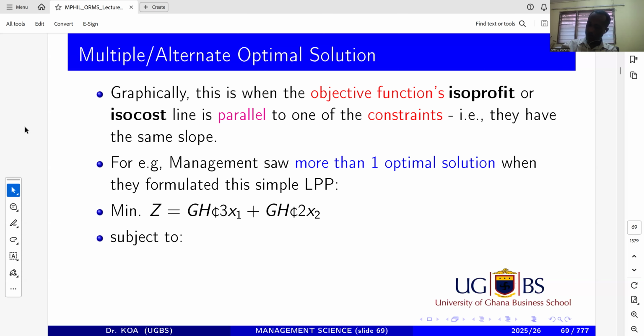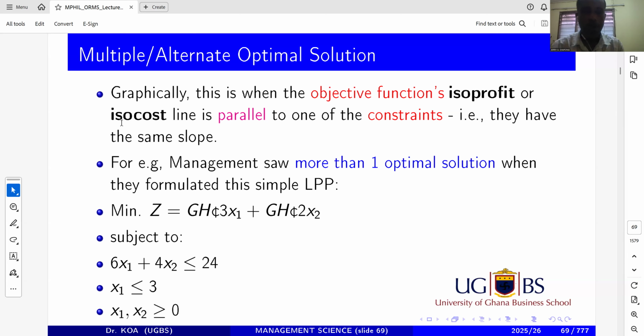So let's take an example of this. This is a linear programming problem you see on your screen. This linear programming that you see on your screen, if you want to find the optimal solution point, what is the first thing you got to do? If you want to find a solution, what is the first thing you have to do? Doc, can I try it? Yeah.